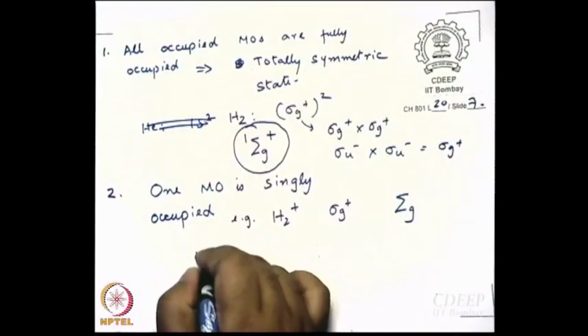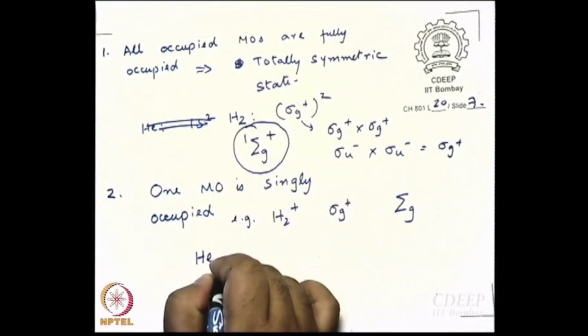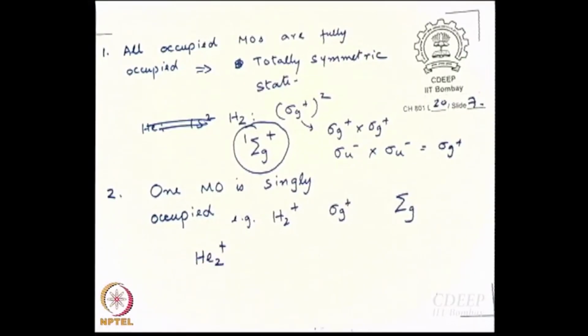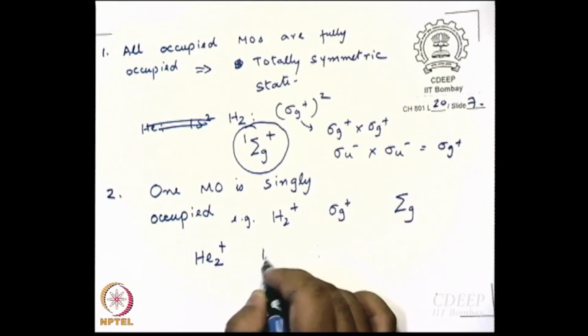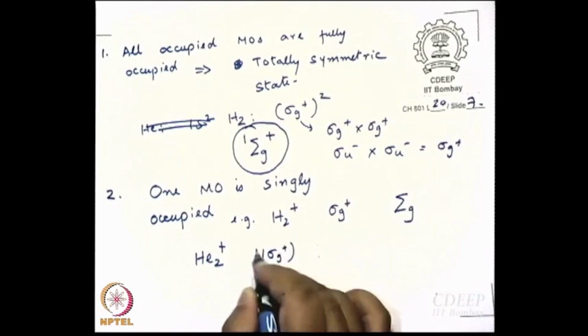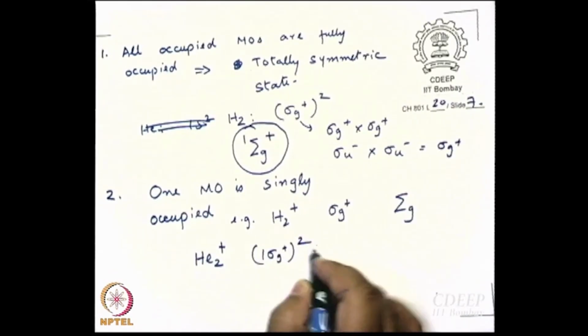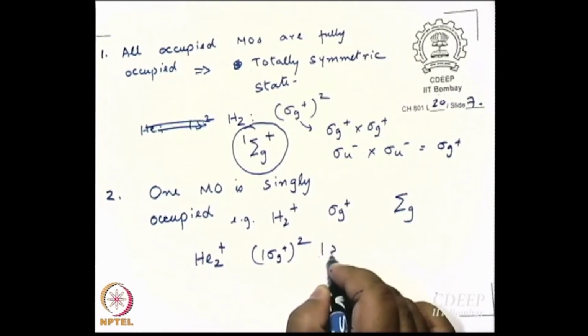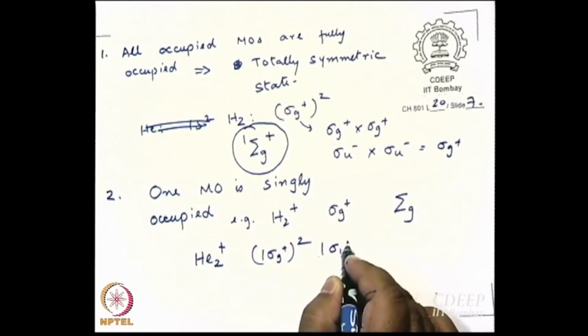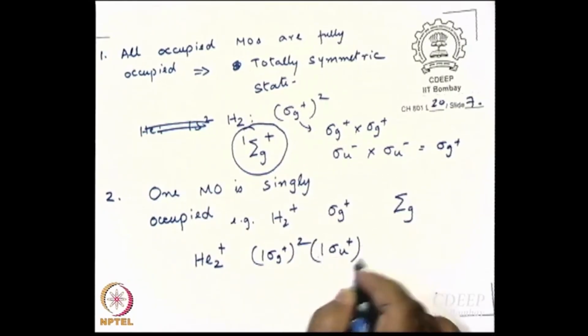Okay, let us make it a little more interesting. Suppose it is He2 plus. What is the electron configuration? He2 plus. So, 1 sigma g plus 2, 1 sigma u plus 1.